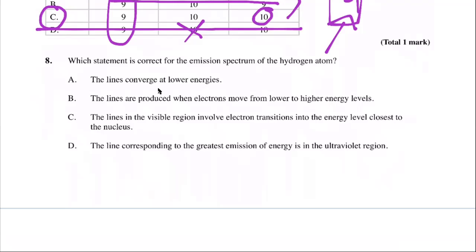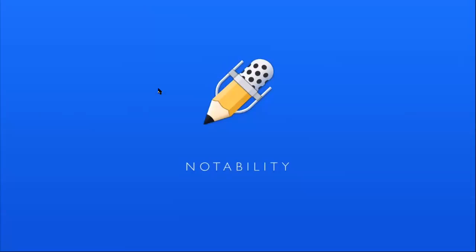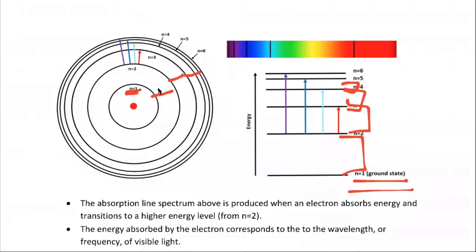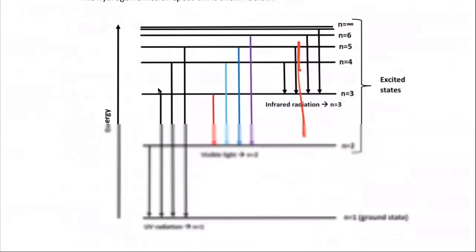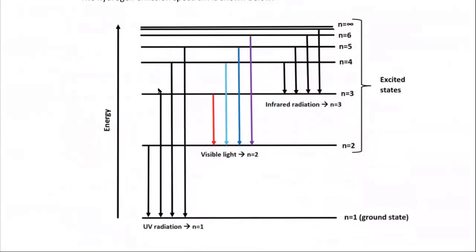Okay, so this is asking about that hydrogen emission spectrum, which if I jump back over here, we can look at it really quickly. They are talking about this right here. So this is the hydrogen emission spectrum. Some of the lines are in the UV radiation area, some of them are in the visible light area, and some of them are in the infrared area.